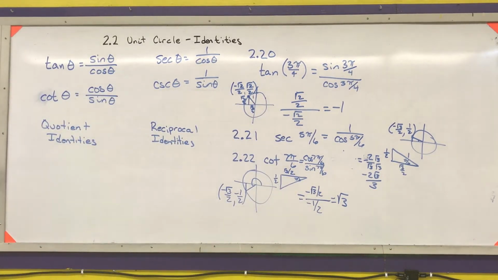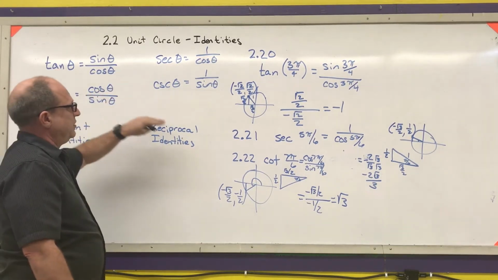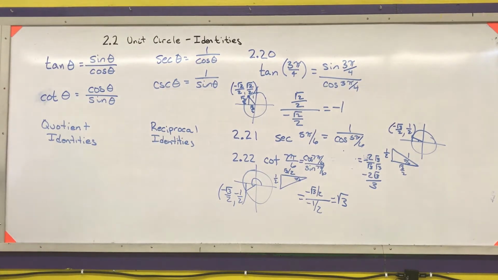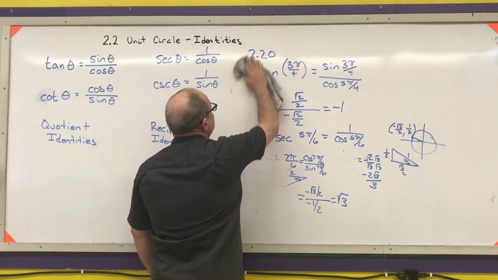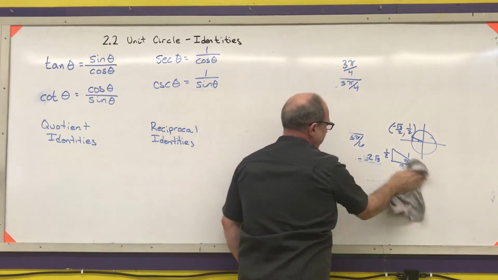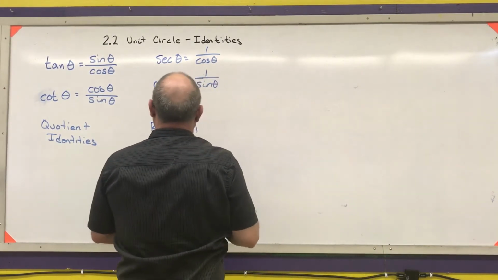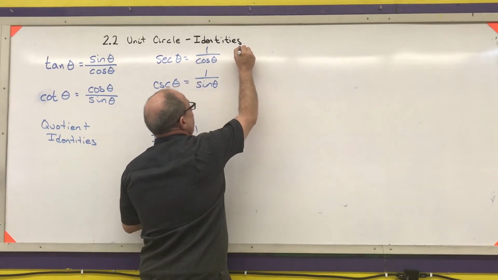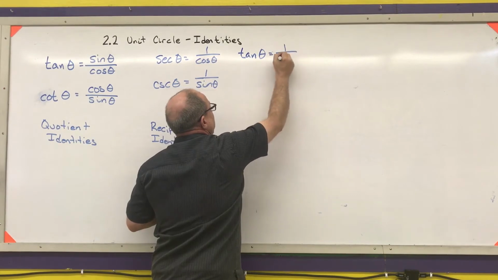So I've given you examples on how to use these quotient identities and reciprocal identities. Those are the only 2 quotient identities. What I'm going to do now is write the other 4 reciprocal identities so that you have them available for you. There are 6 of them you need to know. We've already talked about some of them. Third one, the tangent of an angle is the reciprocal of the cotangent.